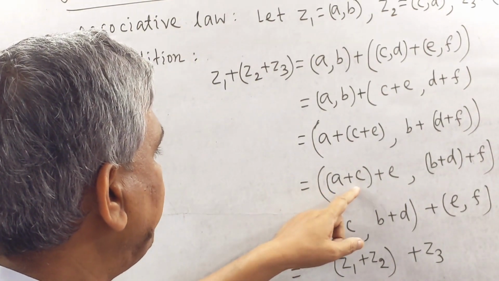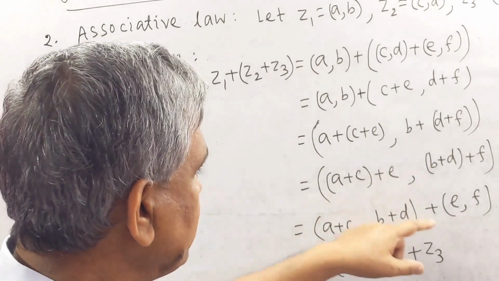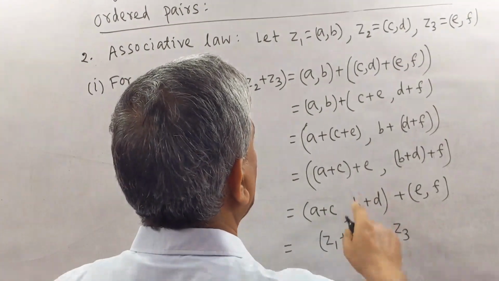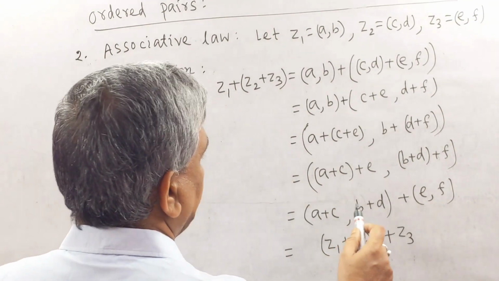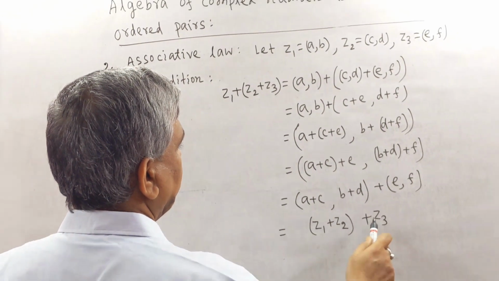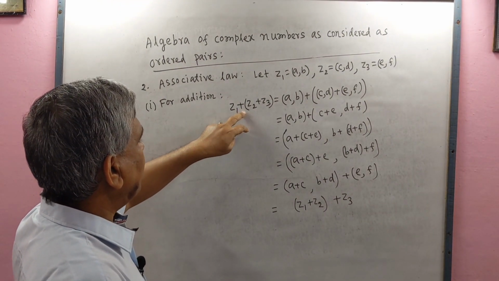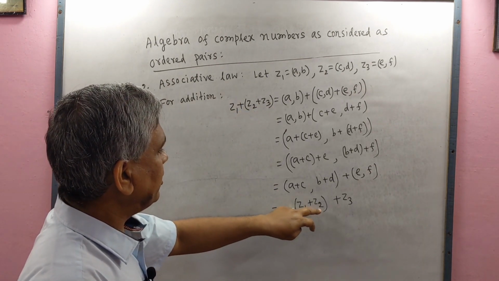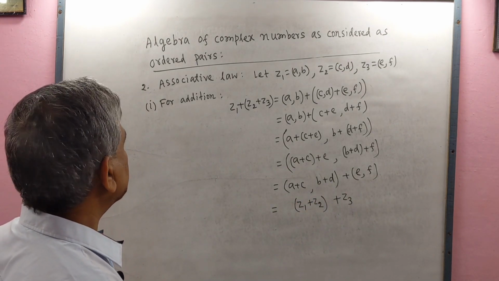Here we may write (a plus c, b plus d) ordered pair plus (e,f), and (a plus c, b plus d) is Z1 plus Z2 and (e,f) is Z3. So we see that Z1 plus (Z2 plus Z3) equals (Z1 plus Z2) plus Z3. So associative law holds for addition.